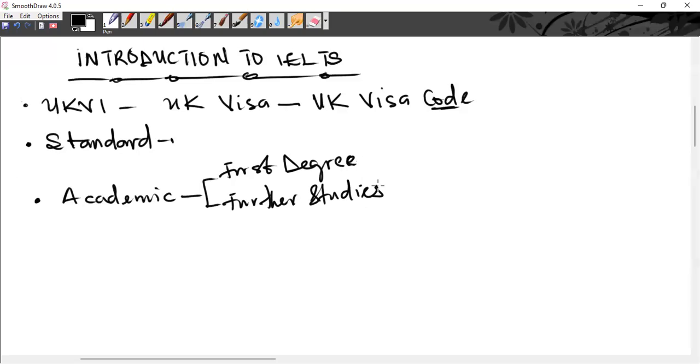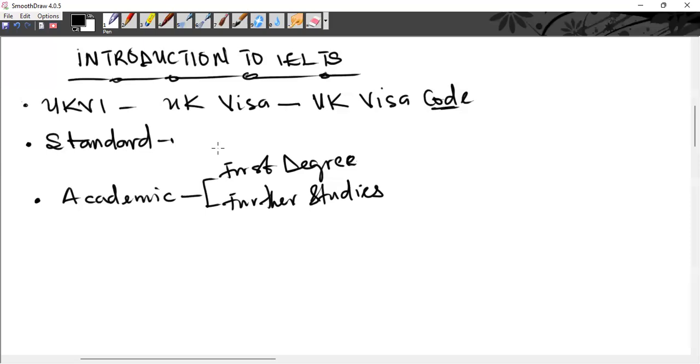These academic exams can either be UKVI or standard. Lest I forget, when it comes to the structure of the questions and the syllabus, there is no difference between them. The same questions on the test day, though at times the exam dates can vary for UKVI and standard, but the content of the test is the same.